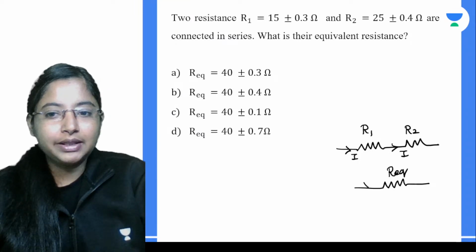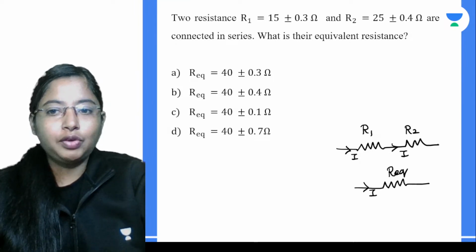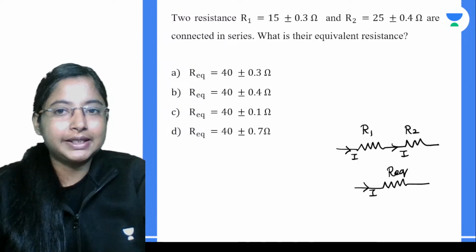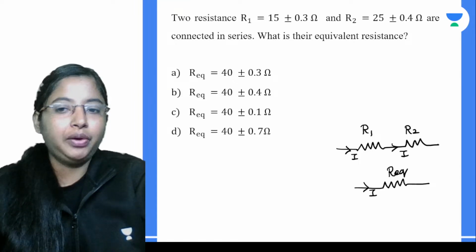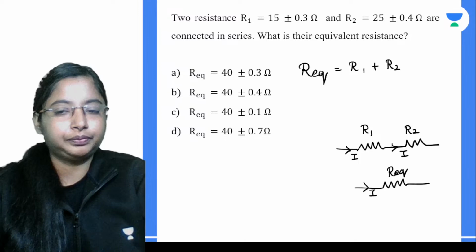Here we have gotten values in terms of the value plus error. Now we want to express the final resistance plus its equivalent error as well. Equivalent resistance in this case will be basically R1 plus R2.